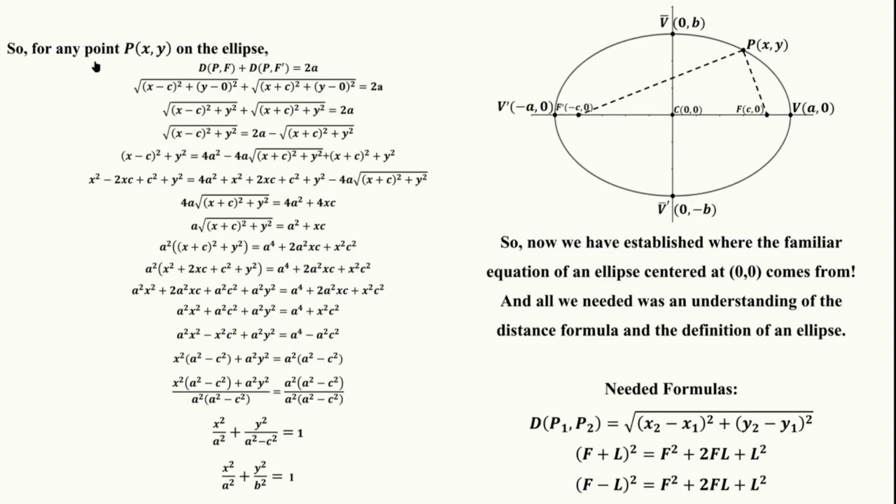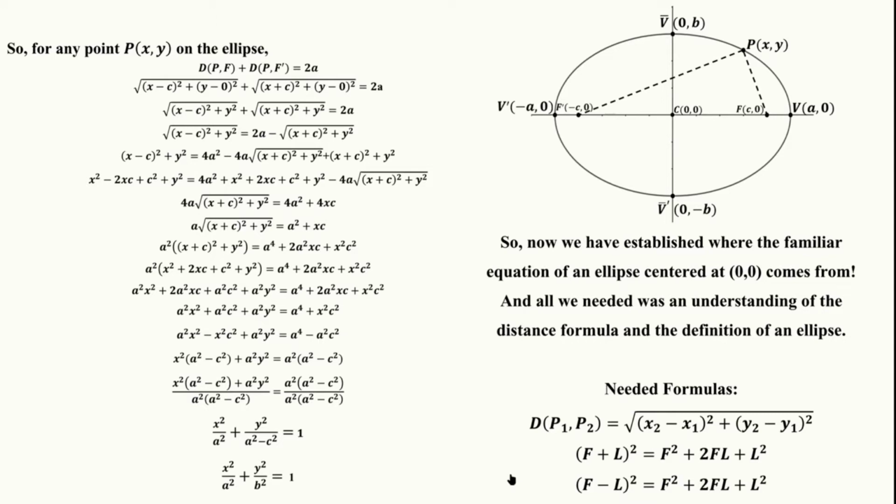So now we know that for any point p of xy on the ellipse, the distance by definition from one focus added to the distance to the other focus should be the length of the string. And we know that if the vertex on the major axis is at a0, then the length of the string is going to be 2a, right? So we can say that this distance added to this distance is equal to 2a.